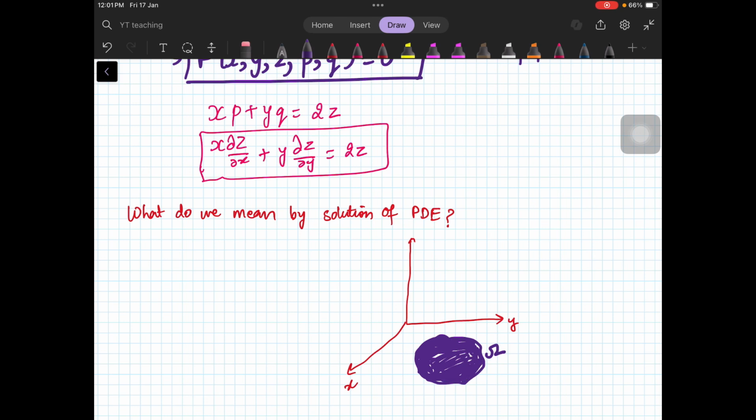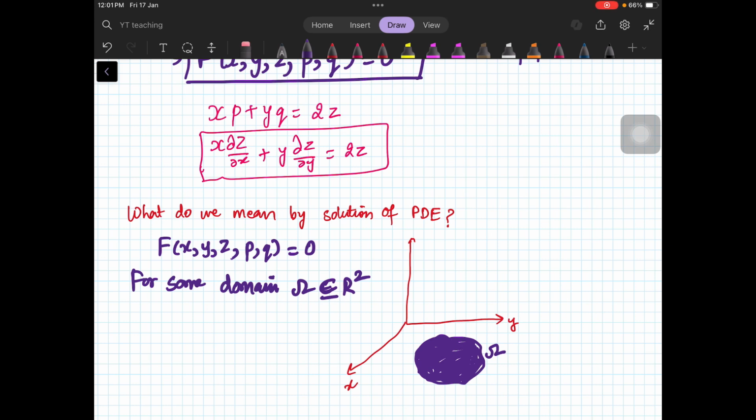So we are going to say that if we are looking for the solution of the partial differential equation f(x, y, z, p, q) equal to 0 in the domain omega, for some domain omega, omega is a subset of R2 because it is in the xy plane. The solution is a function, because the solution is going to be a surface.